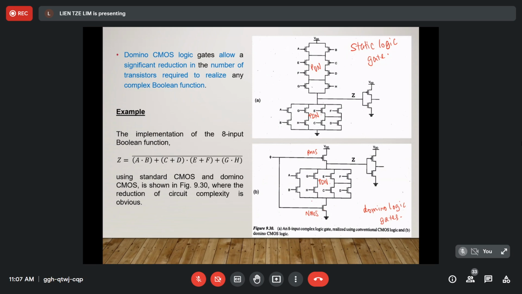These two transistors are driven by this clock, so the operation of this circuit will be based on these two transistors that are driven by the clock, and of course the output will change. The output at this logic gate will also change, and also this output will change.